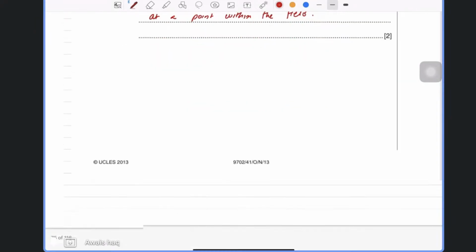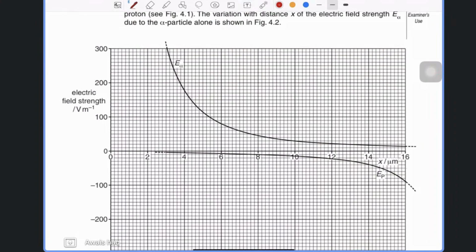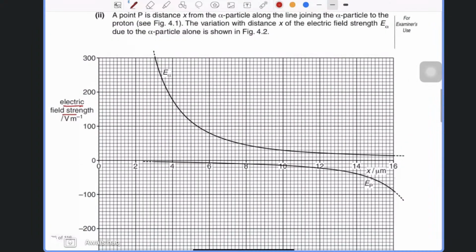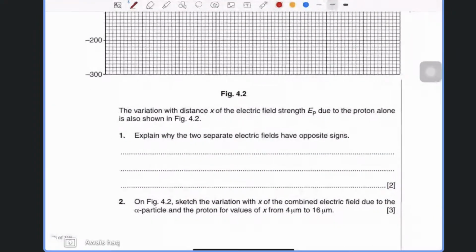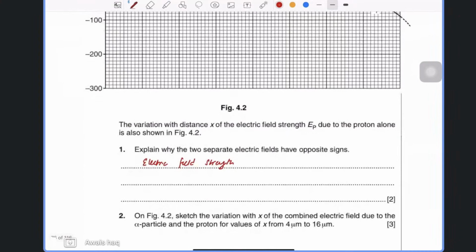Anyway, then going here, they've given you the graph of electric field strength, and they say explain why the two separate electric fields have opposite signs. You should understand that although they're positive charges, the reason why they have opposite signs is because electric field strength, like you see in this graph, is a vector quantity.